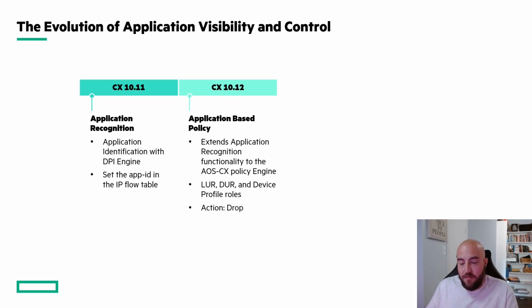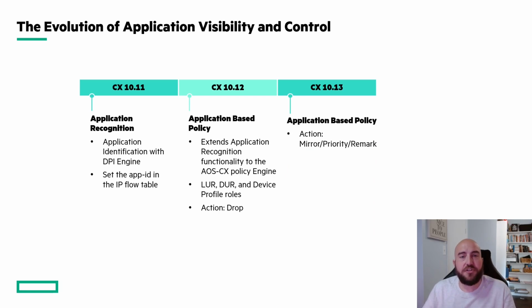And this first iteration only had the ability to permit or drop an application or application category. So in 10.13, this feature set became more fleshed out with the ability to either mirror, set a local priority, or to DSCP remark this for QoS prioritization.